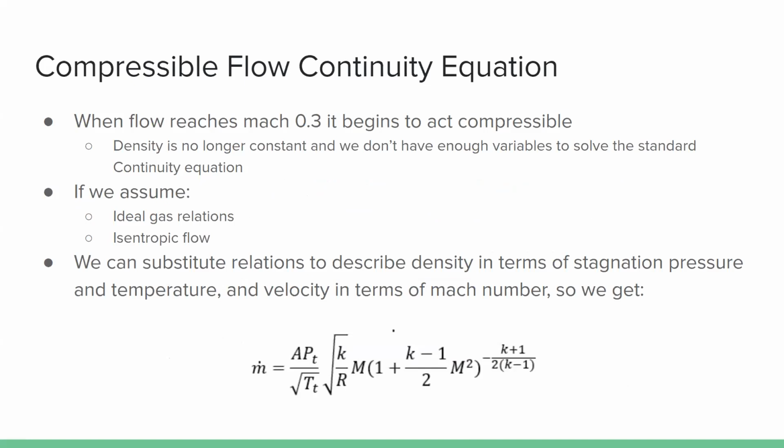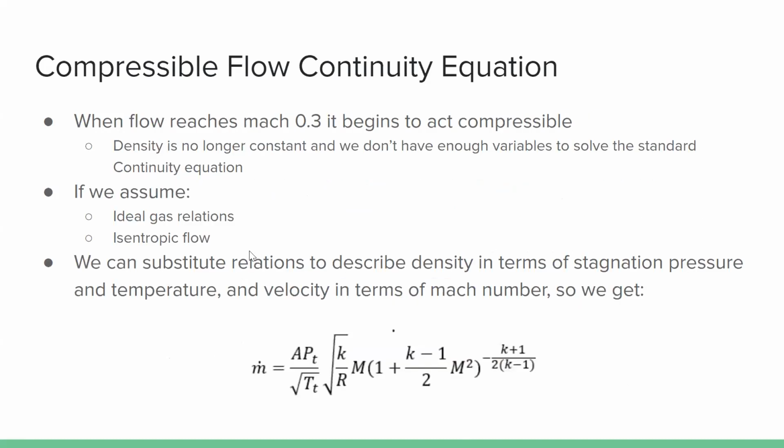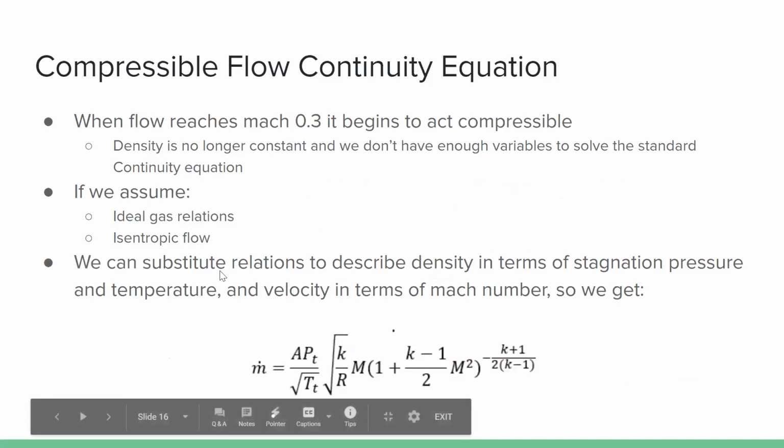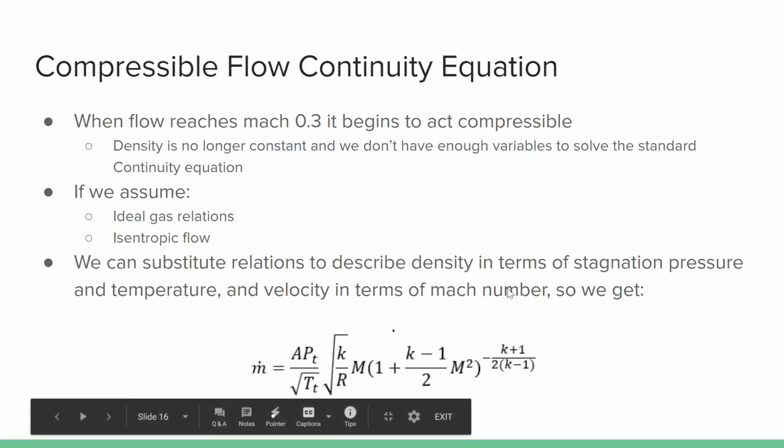So, as I said, for each of these different regimes here, you have a different set of equations to use because they all behave differently in those different regions. So this very scary looking ugly equation is the same continuity equation, but for the transonic and subsonic regions.